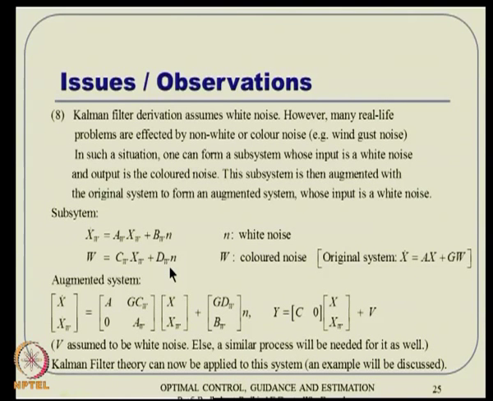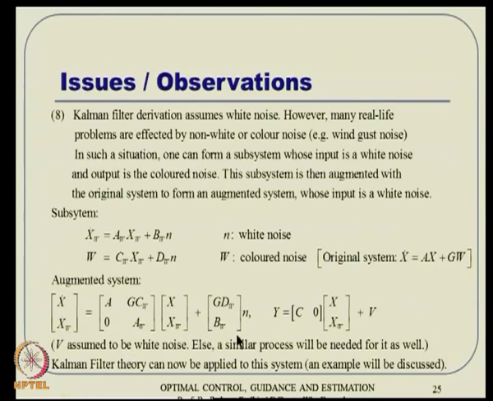Colored noise can be represented by a dynamic model or a static model. Either way you can think about putting it as some sort of system dynamics associated with that colored noise, something like this. So, you have xw dot equals something like this, where n is white noise, and w is the colored noise, which is a function of xw and white noise both.